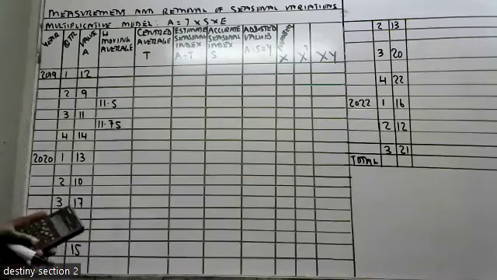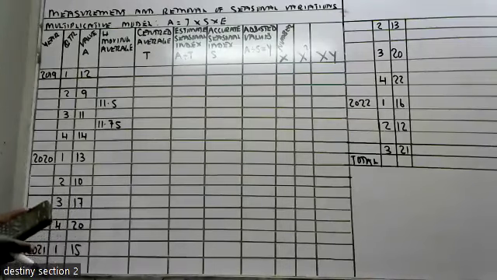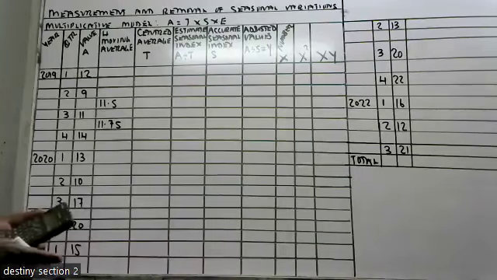Teacher, please allow me to take you back. When you started with the four moving average and you said 12 plus 9 plus 11 plus 14, and you divided by 4, why did you put the 11.5 between the 9 and the 11 and not between the 12 and the 9? Because we are supposed to record at the center of the 4.